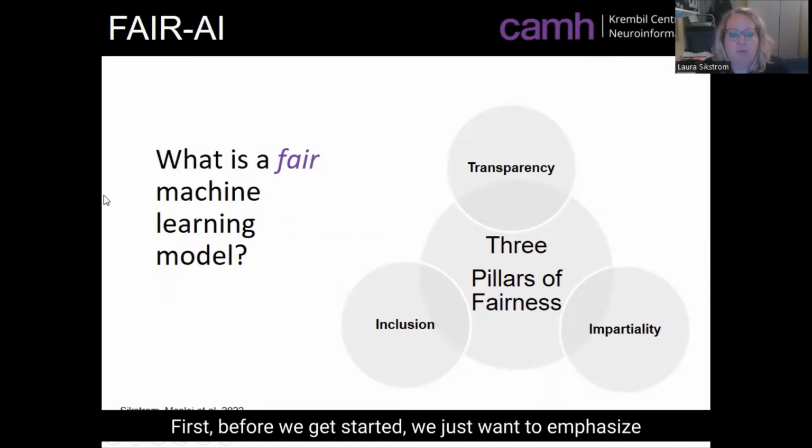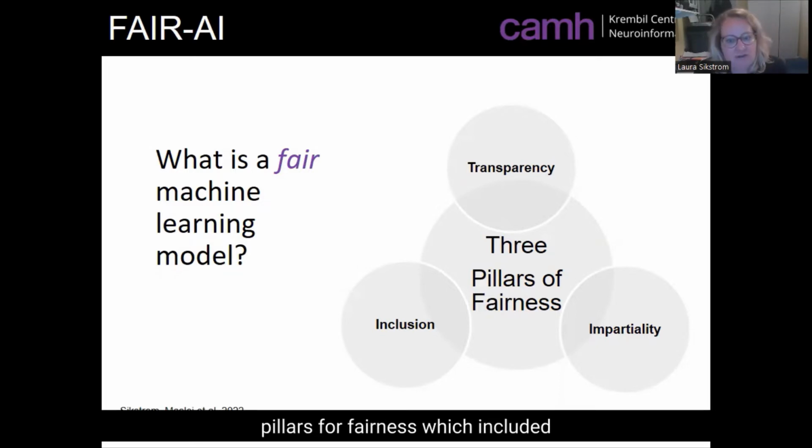First, before we get started, I just want to emphasize that we are working within a FAIR AI framework. This is a question that Marta and I have explored in a previous publication, asking what is a fair machine learning model? That work identified three pillars for fairness, which included transparency, impartiality, and inclusion.